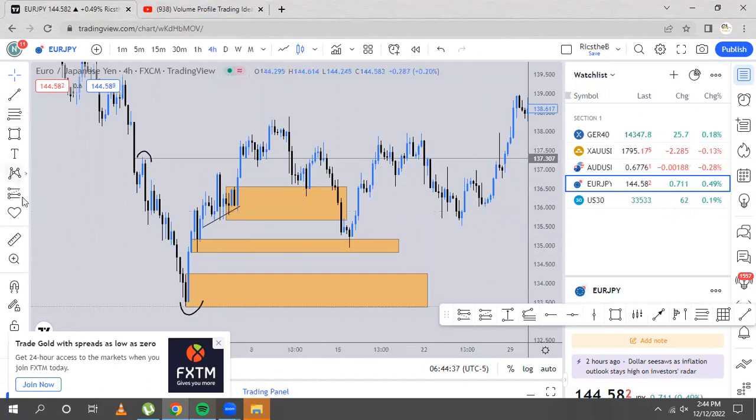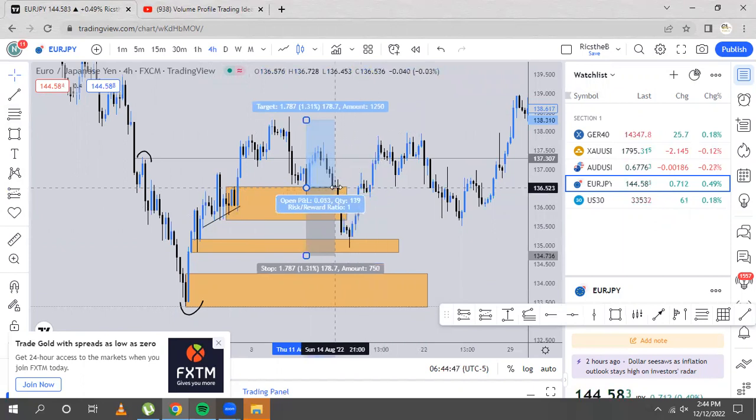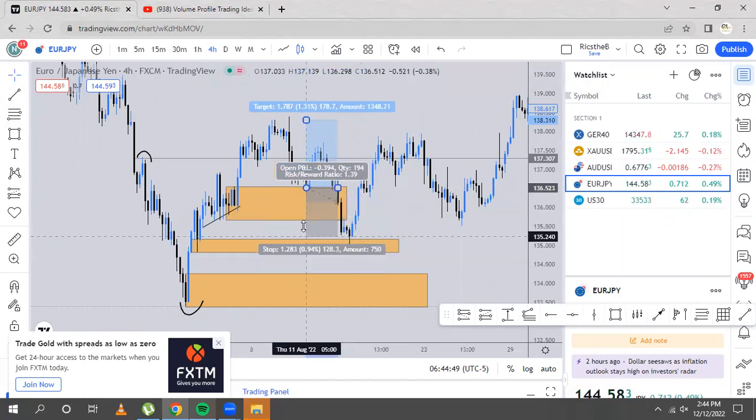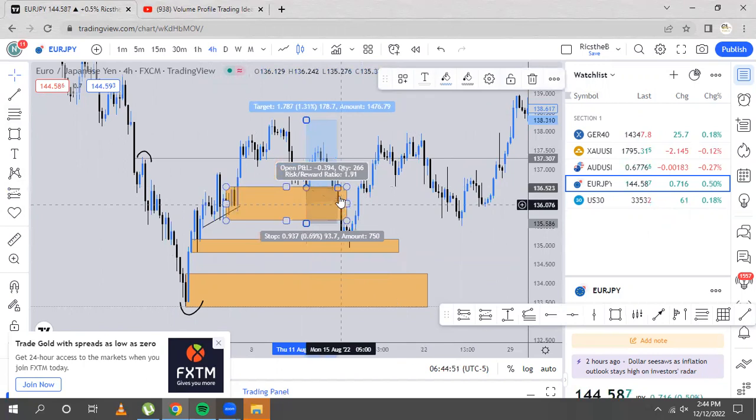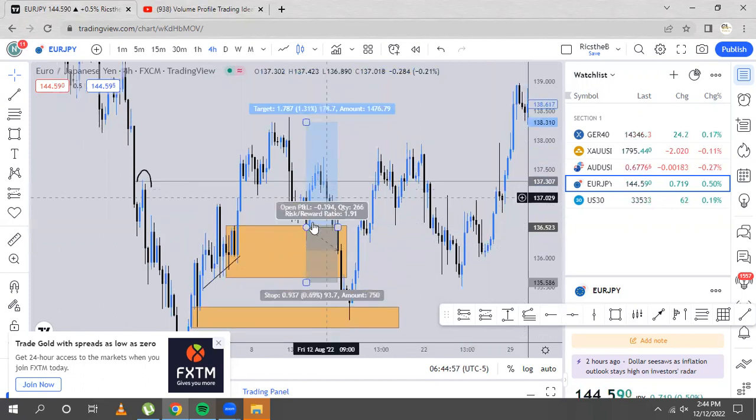You'd realize most people would say this is the push that broke structure, and then have their buys activated nicely on this area. They probably have their stop losses down below here. Then who knows where their target was. Then in profit, it even gets juicier.